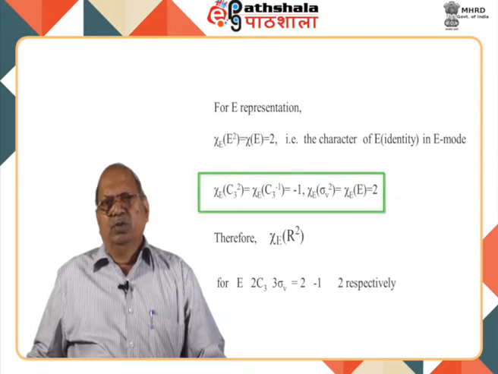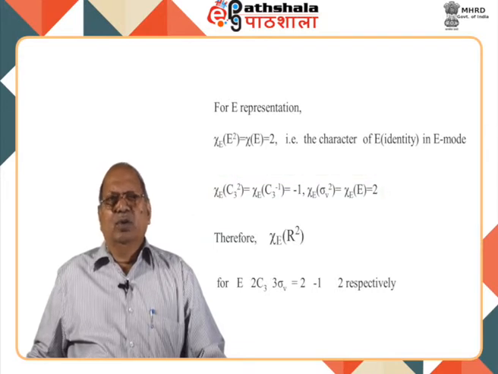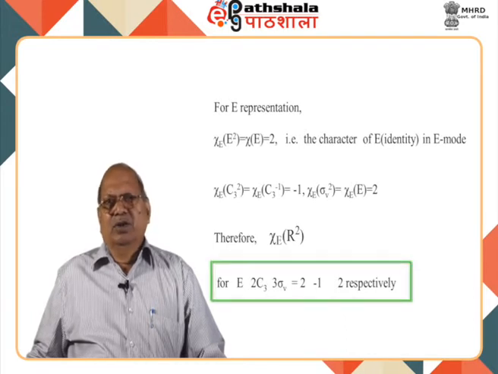Chi_E(sigma_V^2) is chi_E(E), that is 2. Therefore, the character for operation R carried out 2 times, for E, 2C3, 3 sigma V, is 2, minus 1, 2 respectively.